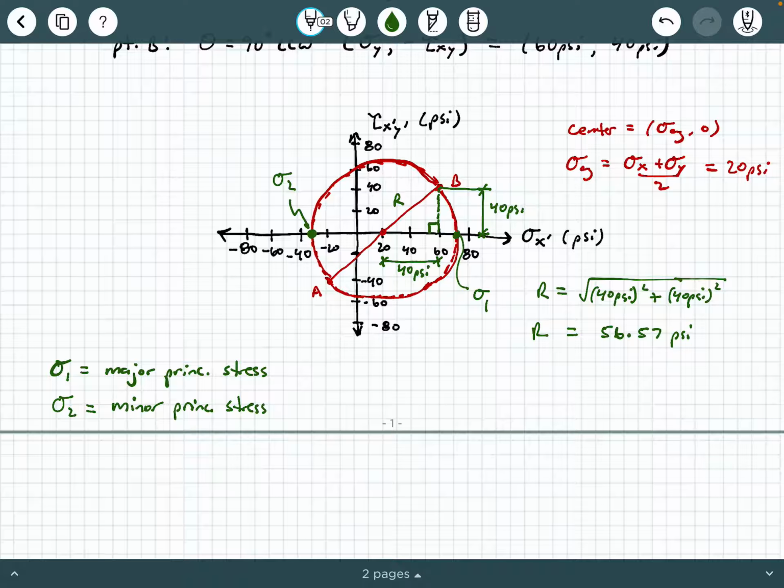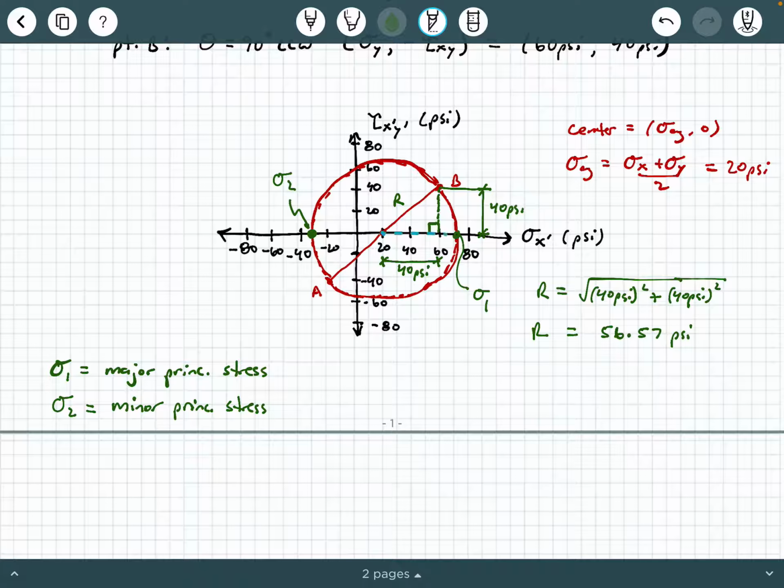All right, so what are these values? Well, all we need to do is say, hey, I know what the center is. I'm going to take that center value, which was sigma average, 20 psi, and add to it the radius, okay? How do I know to do that? Well, remember, the radius is the distance from the center of the circle to the edge of the circle all the way around.